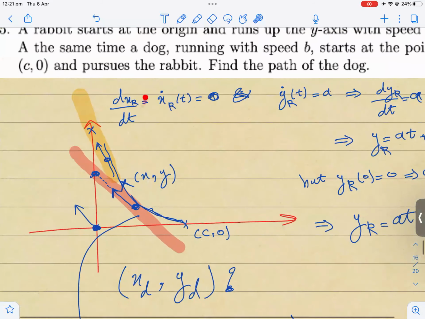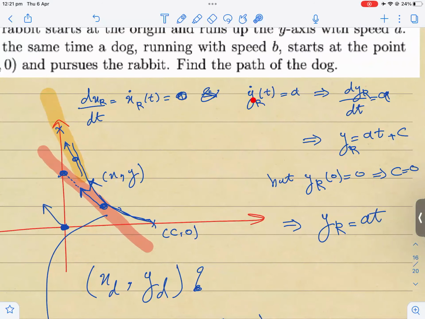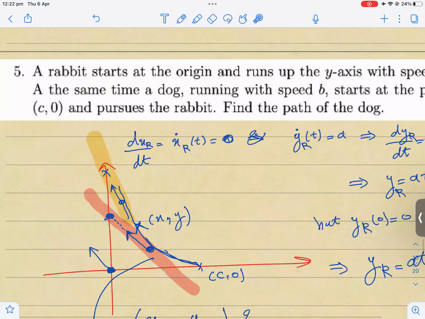Let's set it up. XR is the location of the rabbit, which is 0. As a result, its derivative in terms of time is 0. The y-axis location of the rabbit is YR. The rabbit started at C0.